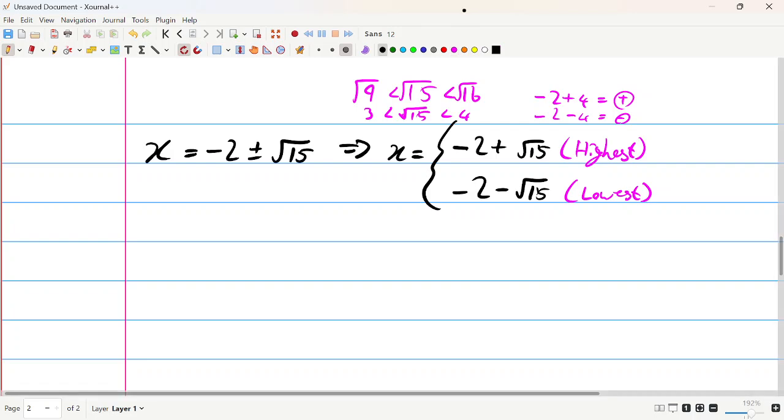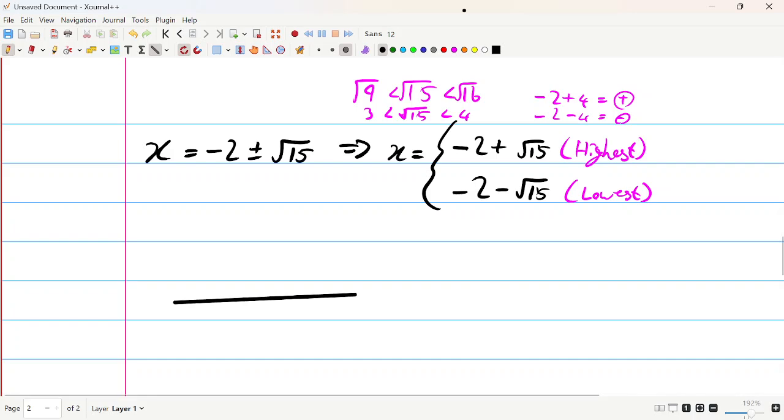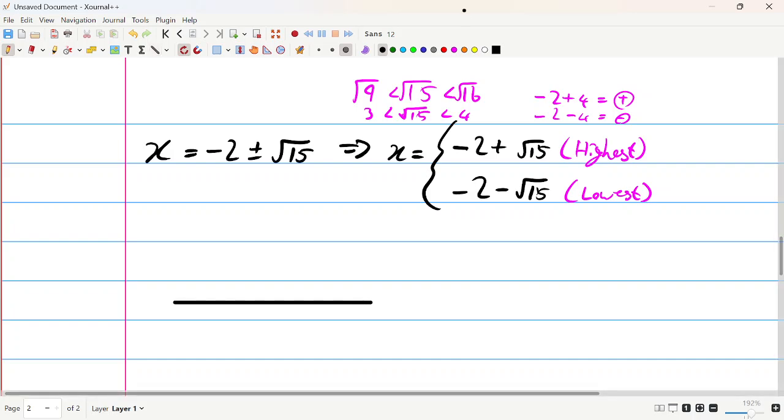So therefore, we can use our parabola method. This one here is going to be negative 2 minus root 15, and the next one is going to be negative 2 plus the root of 15.